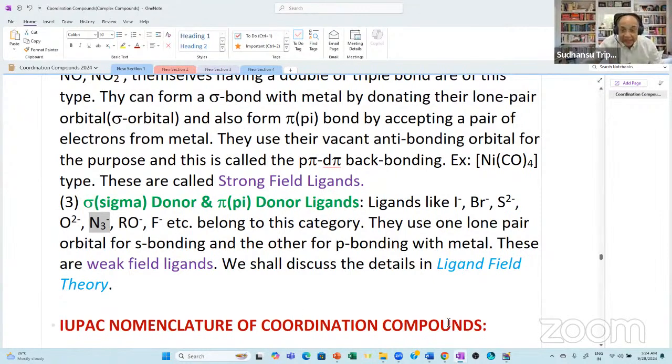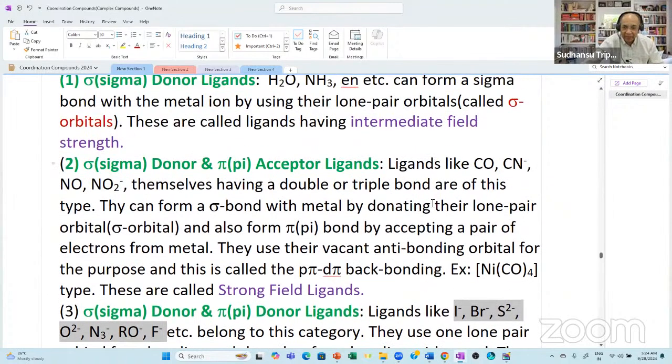And ironically, these ligands are called weak field ligands. We'll talk about what weak field ligands are. Although they produce both pi and sigma bonding, they are weak field ligands, while these others are heroes: CO, CN minus, NO, NO2 minus are called strong field ligands.